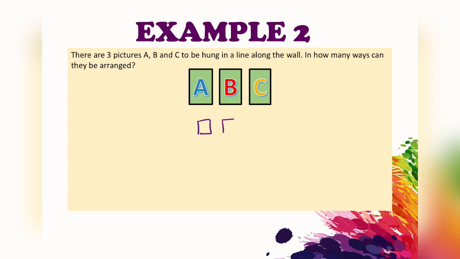So 3 boxes for 3 pictures, and we're going to write 3 in the first box, meaning 3 choices of picture, and 2 in the second box, because there will be 2 remaining pictures left, and 1 in the final box because only 1 picture is left. So we multiply all these numbers together and the result will be 6.